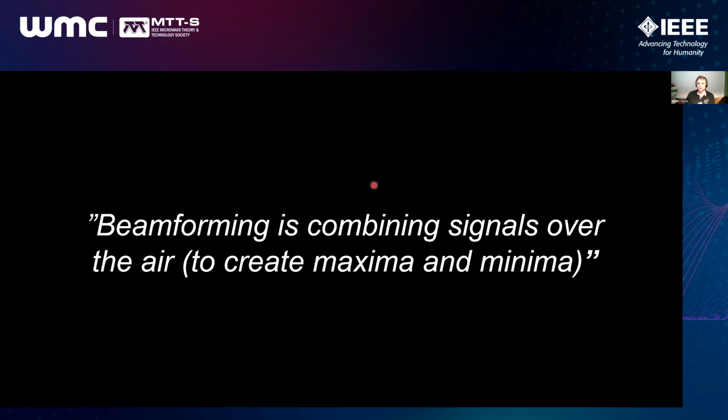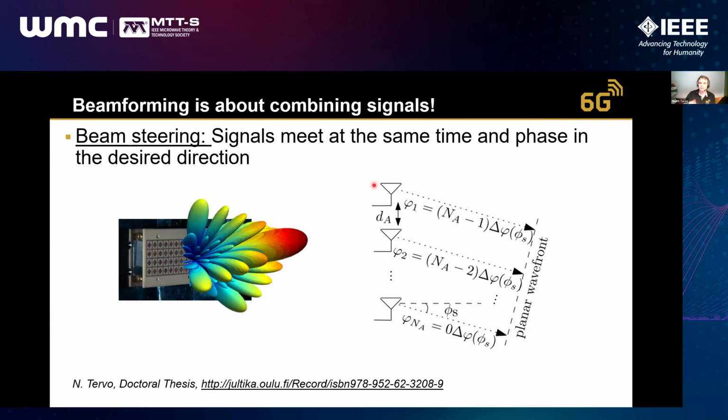Very simple, fundamental things. So indeed, beamforming is about combining signals. And typically when people talk about beamforming, they refer to beam steering. In beam steering, you make the signals meet at the same time with the same phase at a certain destination so that they combine coherently. That's how you can steer the power. That's quite basic, and it's done usually in phased array transmitters by using controllable phase shifters. This is something you know.